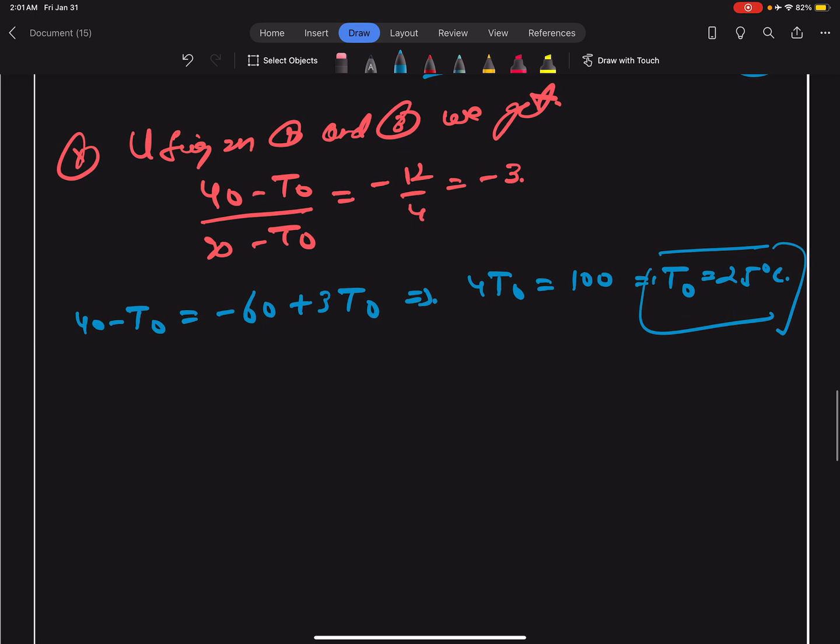And we have to find out the coefficient of linear expansion. So we can use any of the equations. We simply put T naught is equal to 25.